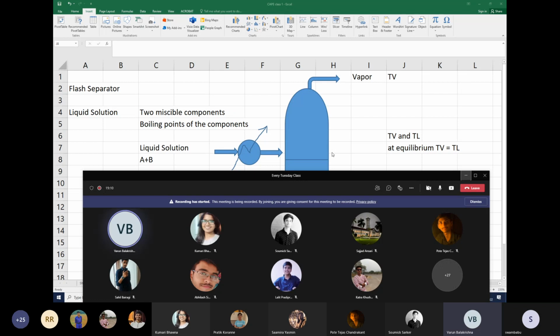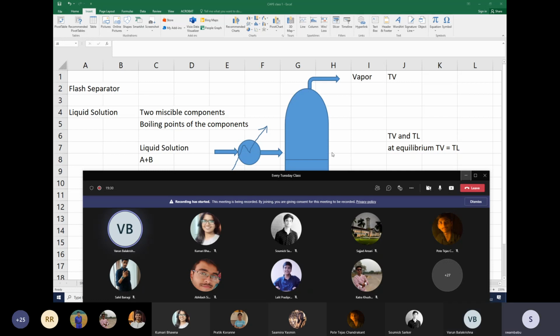Sir, from the phase diagram, maybe. From the phase diagram. It's a TXY plot. Yes, TXY plot. Correct. That is vapor liquid equilibrium data.